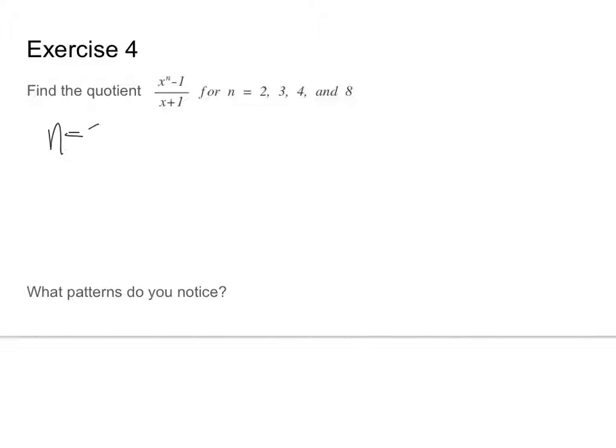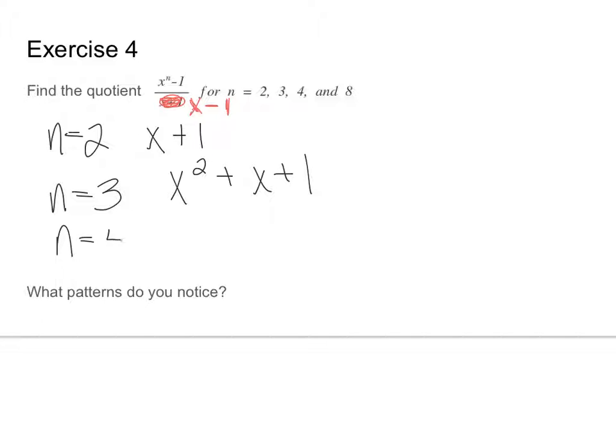So for n equals 2, and I need to point out, there's a mistake in the slide. Your classwork is perfectly right, but this should be minus 1. So for n equals 2, we're going to get x to the first power minus 1. Sorry, plus 1. For n equals 3, we're going to reduce that power by 1, x squared plus x plus 1.